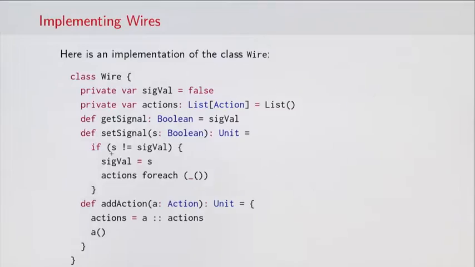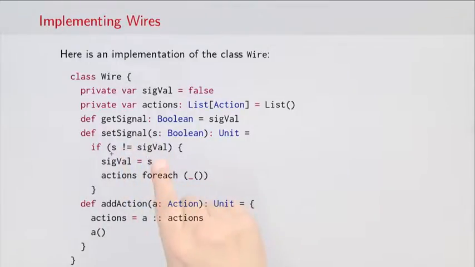So here's an implementation of these ideas for wires. So a wire then would have a private variable sigVal, which is the value of the current signal in the wire. And it would have also a private variable actions, which are the actions to be performed when that signal changes. getSignal simply returns sigVal. The setSignal method would take a new signal value.